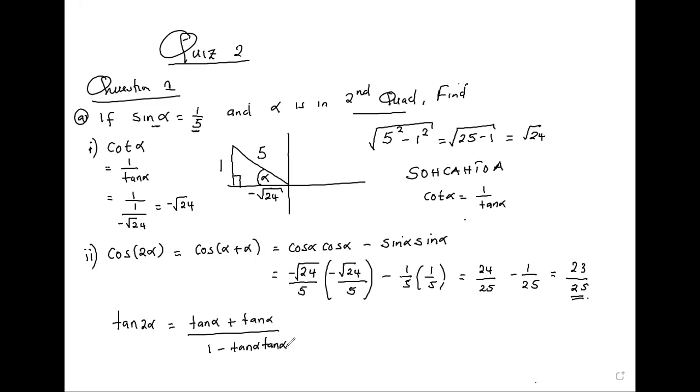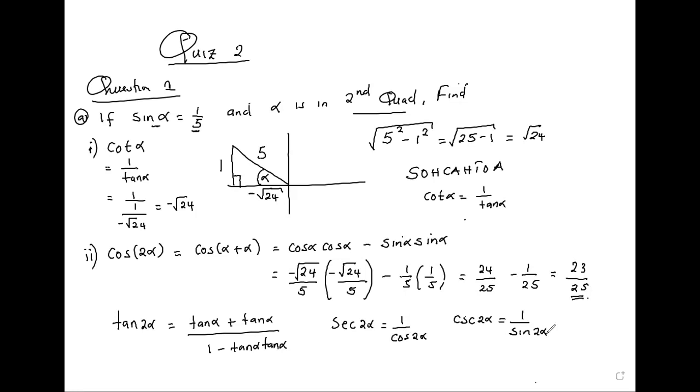If you find sec 2 alpha, remember that it is 1 over cos 2 alpha. If you find cosec 2 alpha, remember that it's 1 over sine 2 alpha. So don't expect that every time you find cot and cos. No, you can also find sec, cosec, because they have written this today.